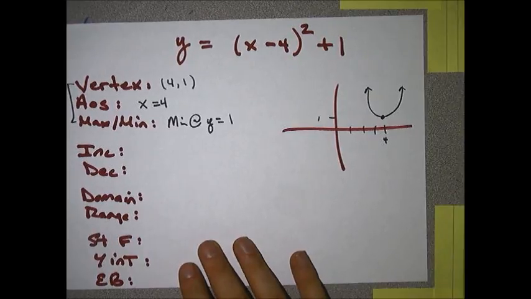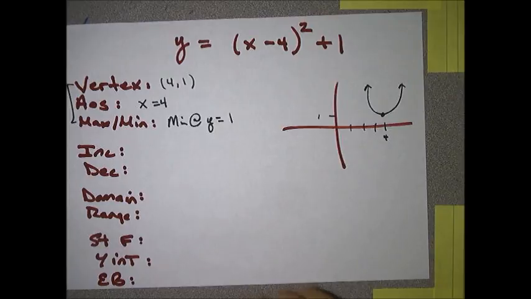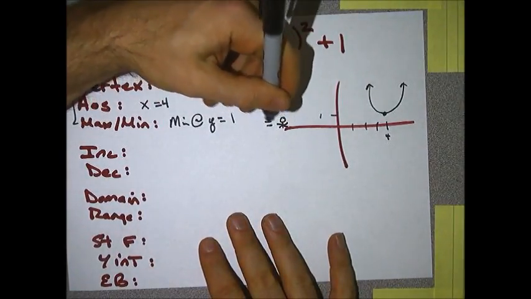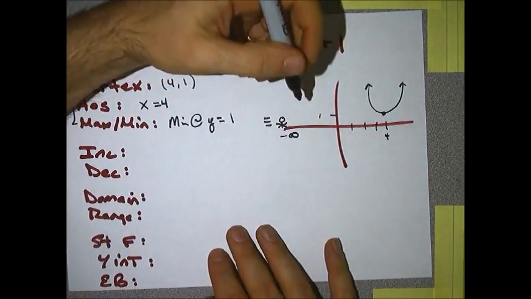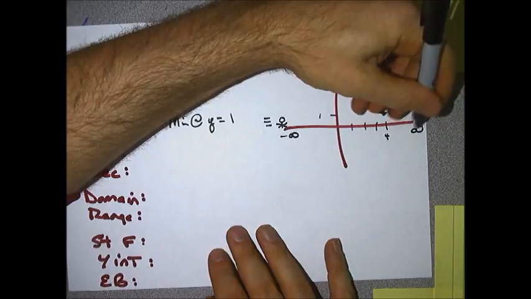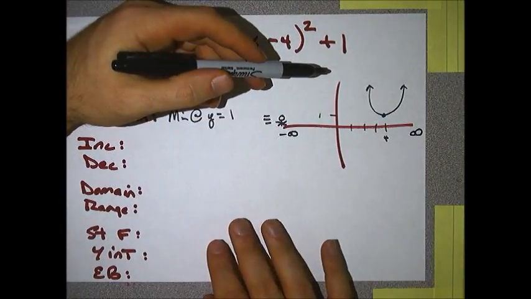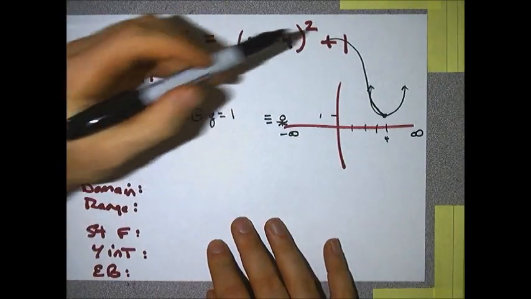The next one is the increase-decrease, and we just talked about this in terms of the absolute value. So I have a guy on the line, and he runs. And where does he run from? He runs from -infinity to 4 to eventually to infinity. So as he runs from -infinity to 4, this graph is going down. That would be my decrease.